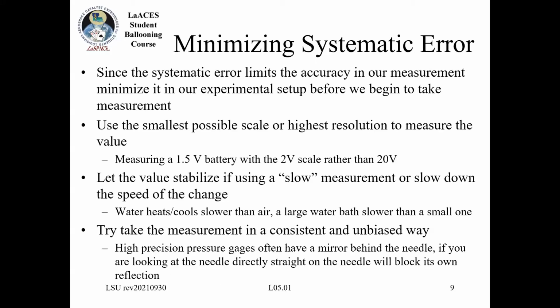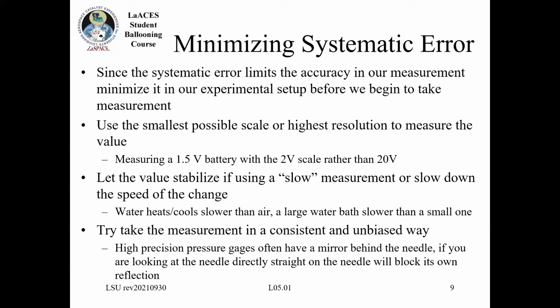So like I said, you want to try and minimize the systematic error because it sets a limit on how accurate your measurement can be, right? No matter how many times I repeat the measurement, the systematic errors are going to be the same for a given experimental setup.